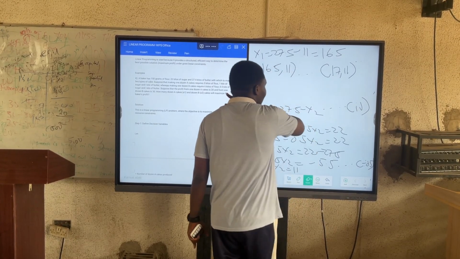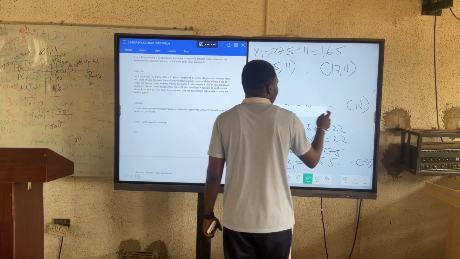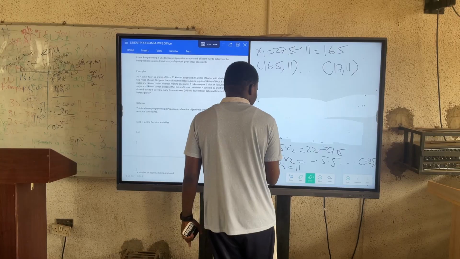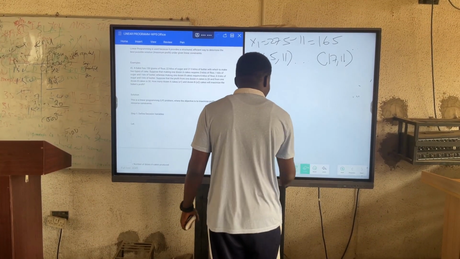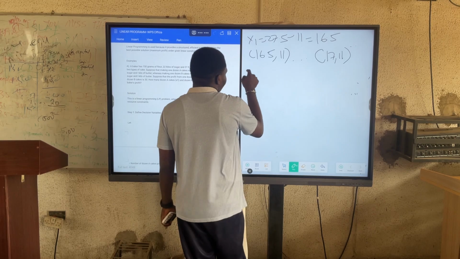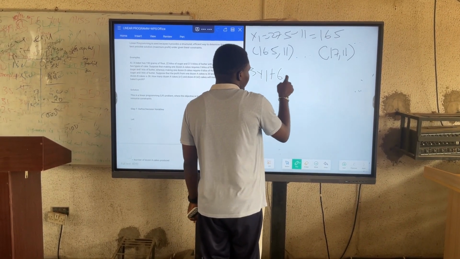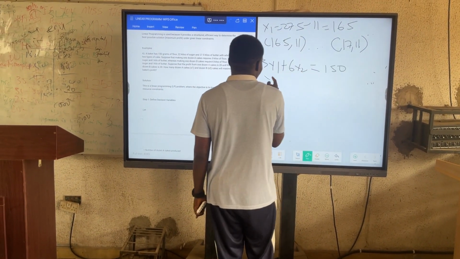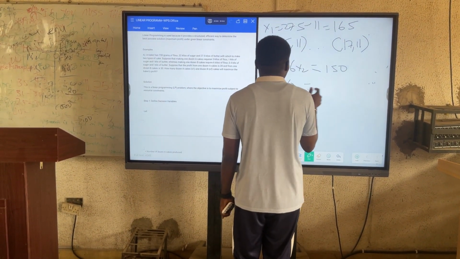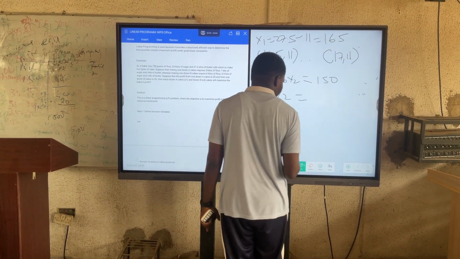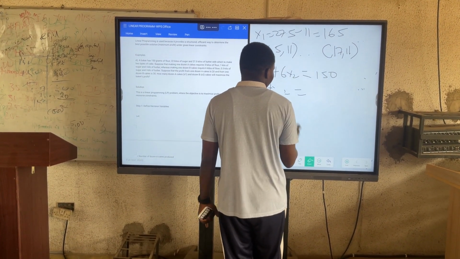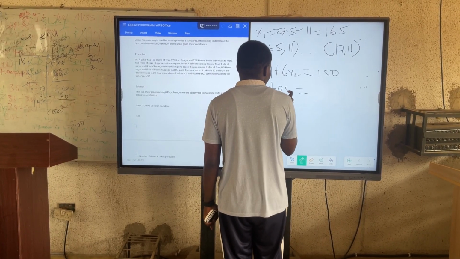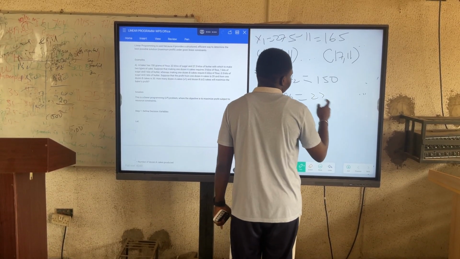So now that I've gotten this one, let's get the other two variables. If you wrote what I wrote down, that gives us 3x1 plus 6x2 equals 150, and x1 plus 0.5x2 equals 22.